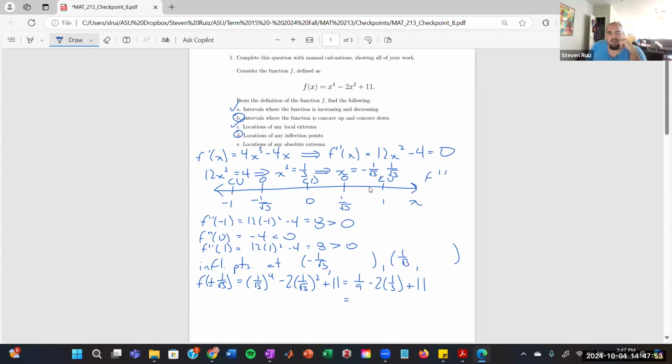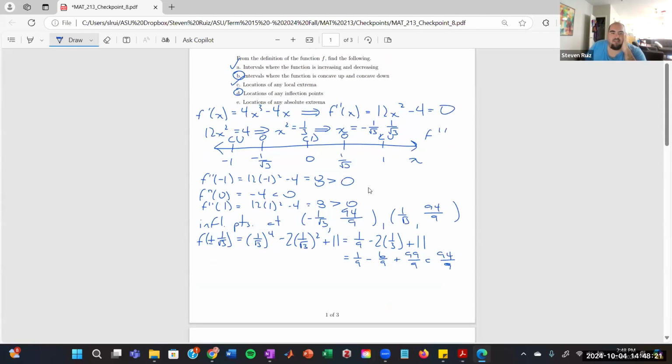Let's find that common denominator. 1/9 minus 2/3, which is 6/9, plus 99/9. That's equal to 100 minus 6, 94 over 9. So here are my inflection points, 94 over 9. So something a little bit more than 10. So I got my inflection points.